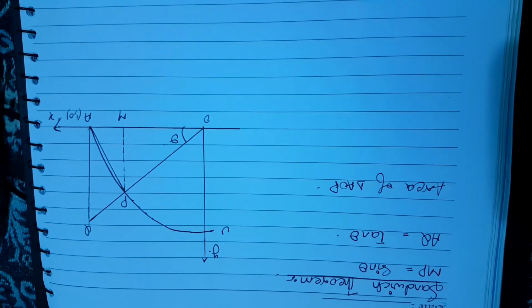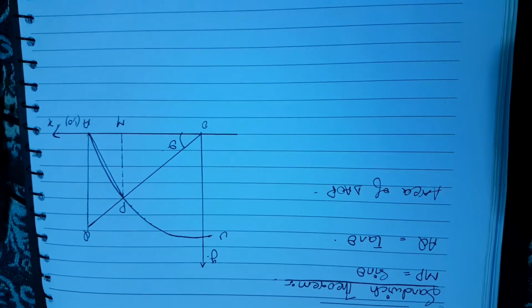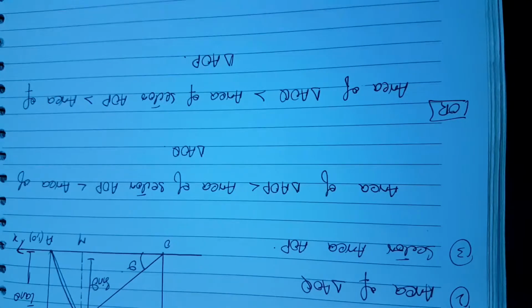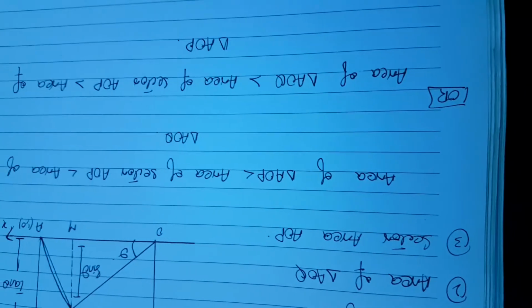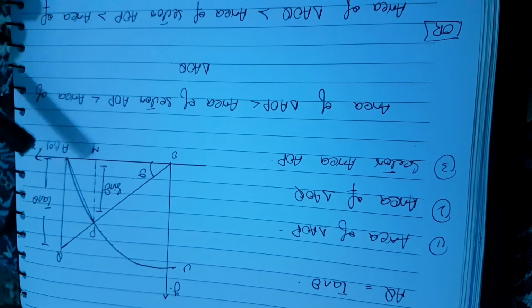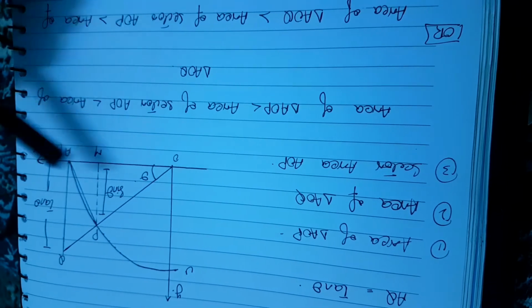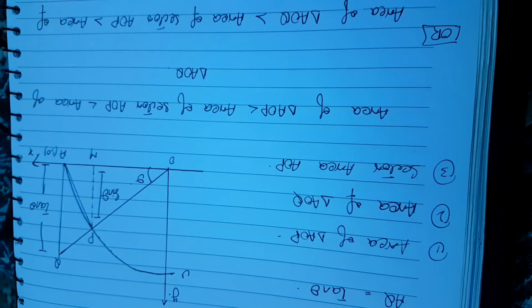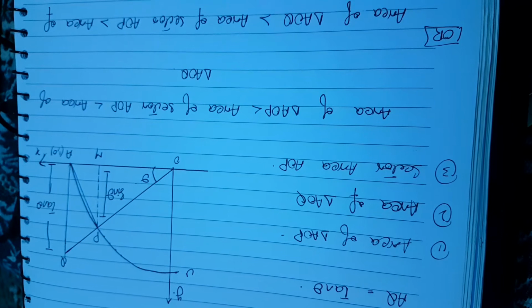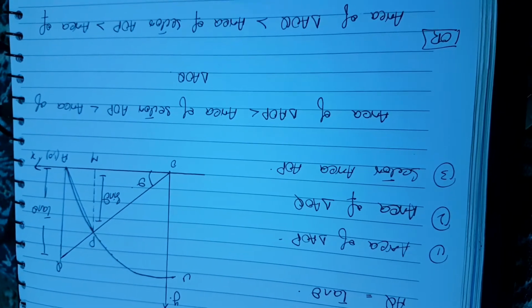So I draw the relationship on my board. We got three figures: triangle AOP, triangle OAQ, and a sector. As I told you previously, a sector is a section of a circle.